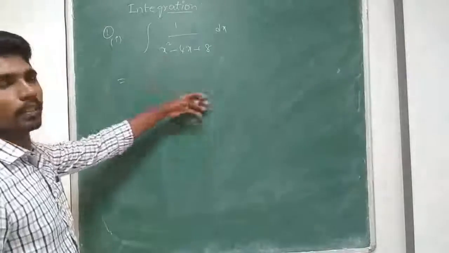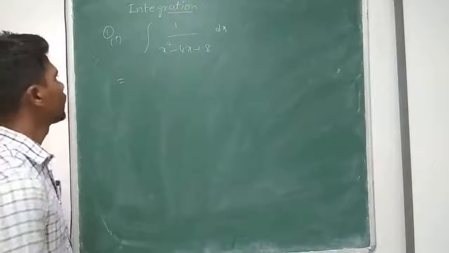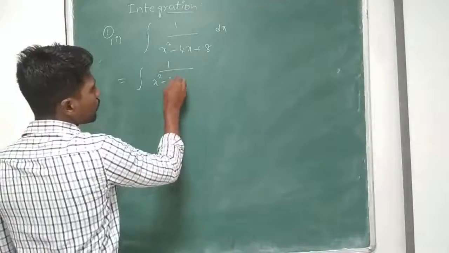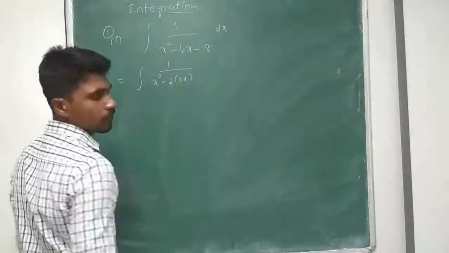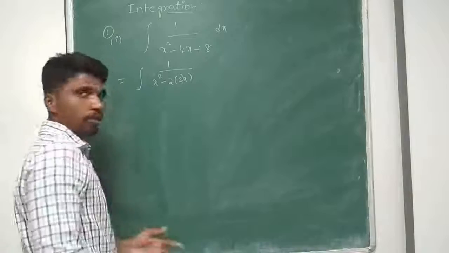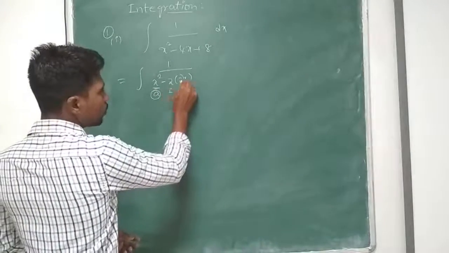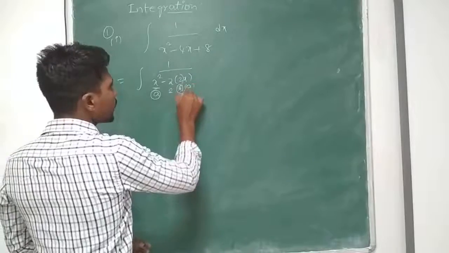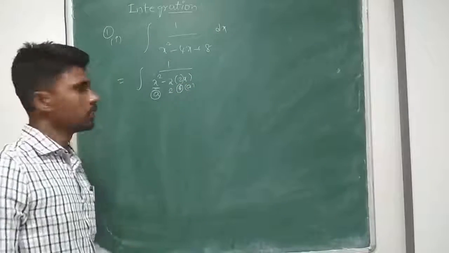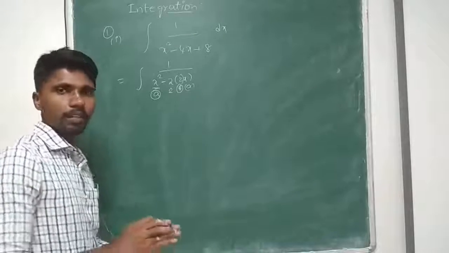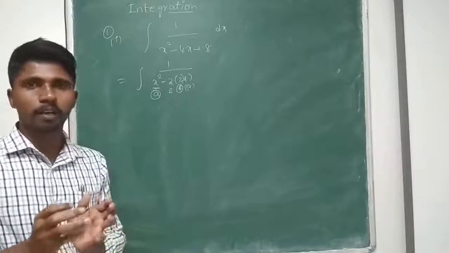If it is some other number, we have to take it as common. Now I can write this as 1 by x square minus 4x, which can be written as 2 into 2 into x. If x acts as a, this is 2 and this is a, so I can take 2 as b. So I need b square to convert it in the completing square method.